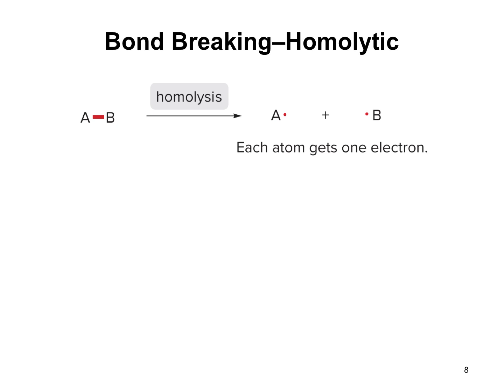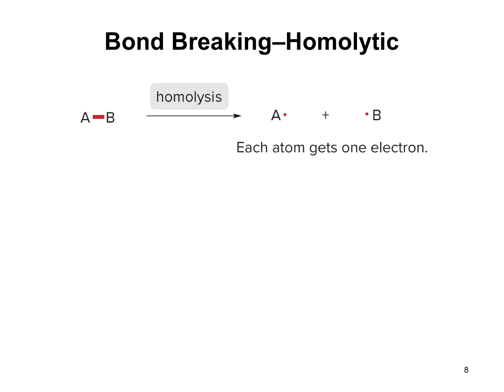So let's look at a few ways that bonds can break and form. Regardless of how many steps there are in a reaction, there's really only two ways to break a bond. That's it. The electrons in the bond can either be divided equally or unequally between the two atoms of the bond.